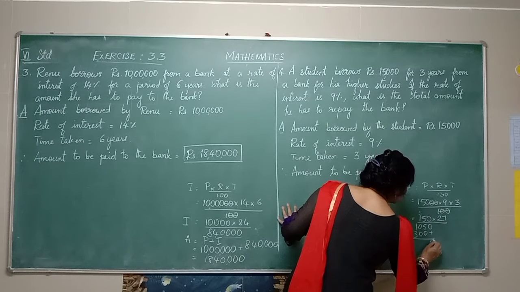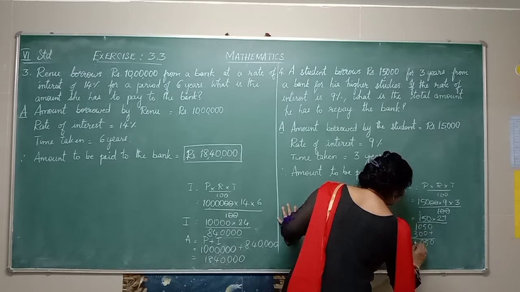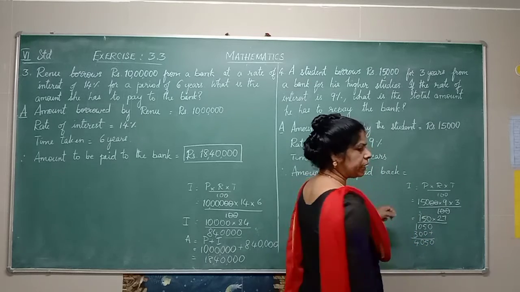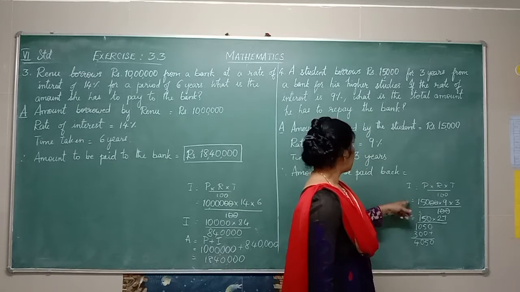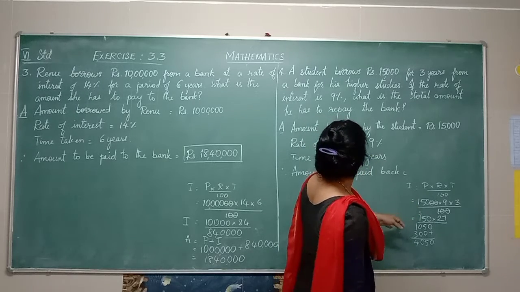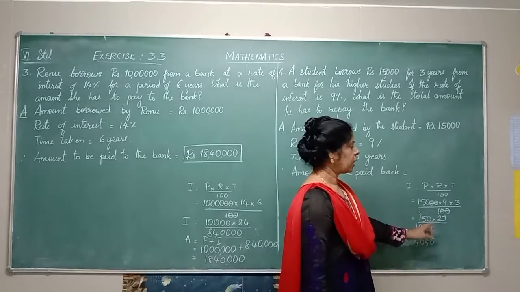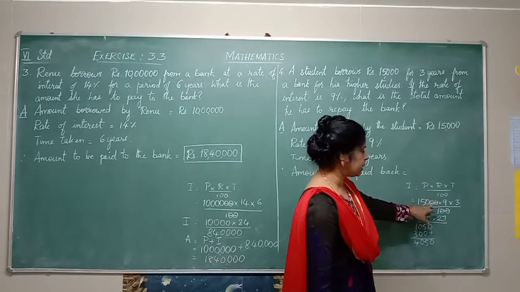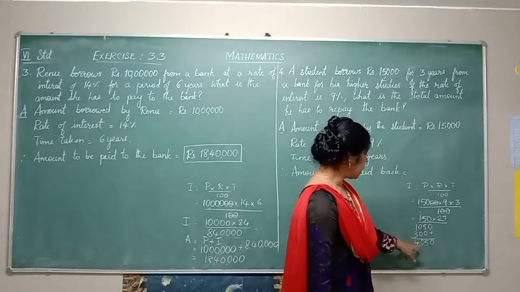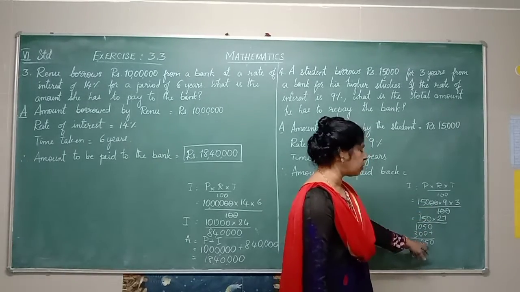So here 0, 5 plus 0 is 5, 0 and 4. So for 15,000 this boy has to pay 4,050 as interest. The amount he has taken is 15,000. After 3 years he has to pay an interest of 4,050 also.